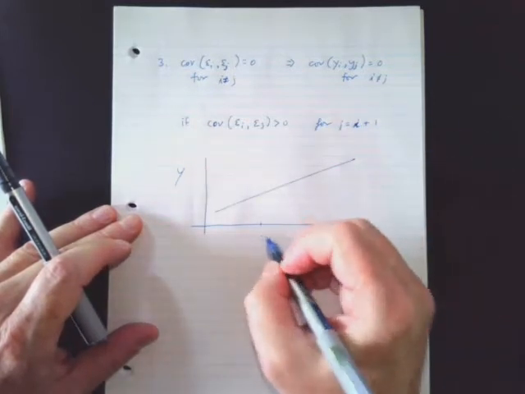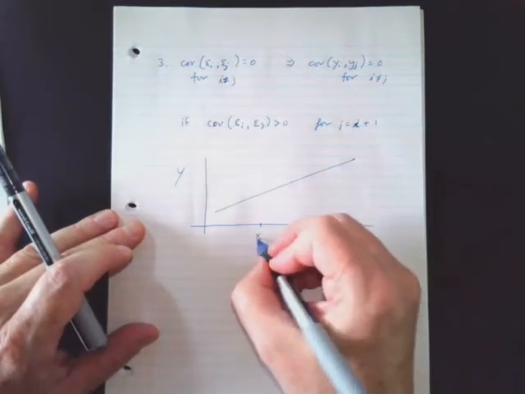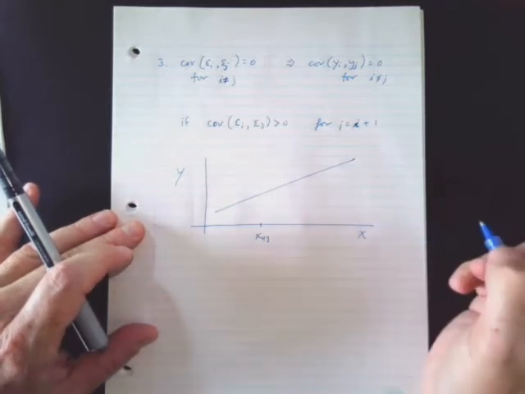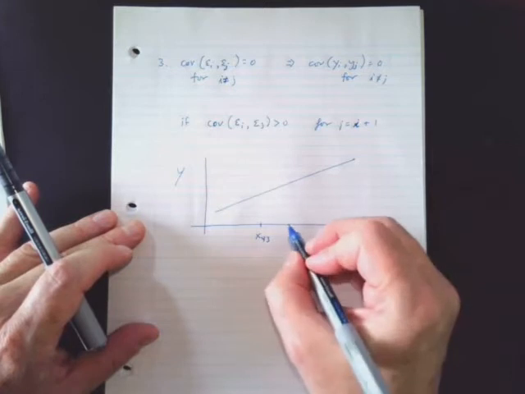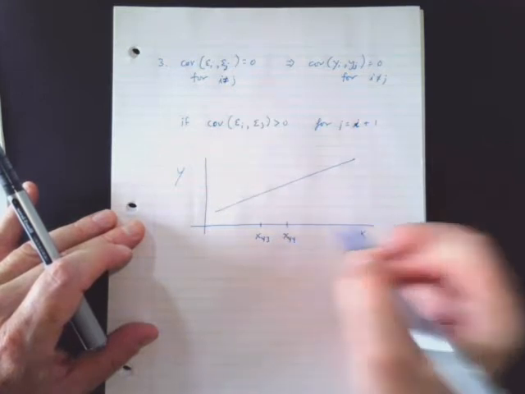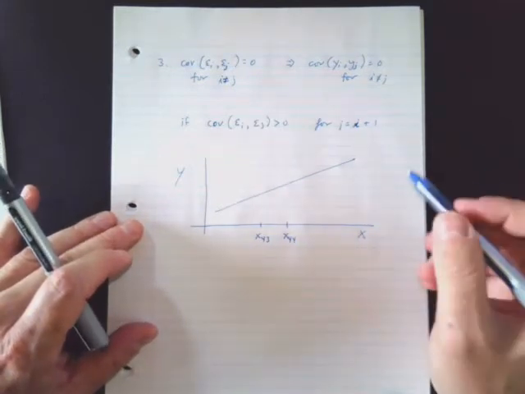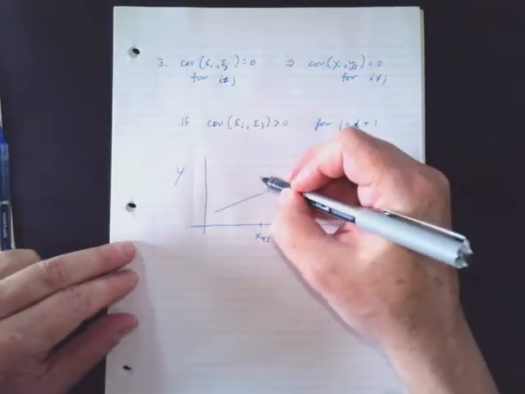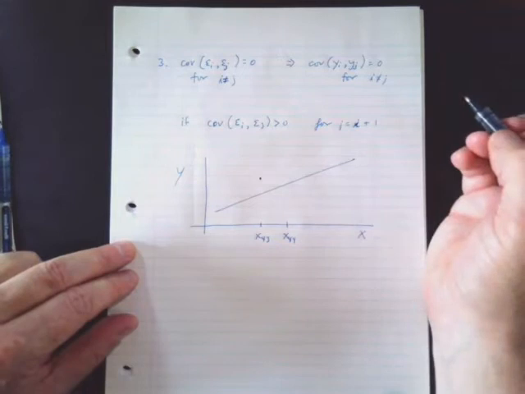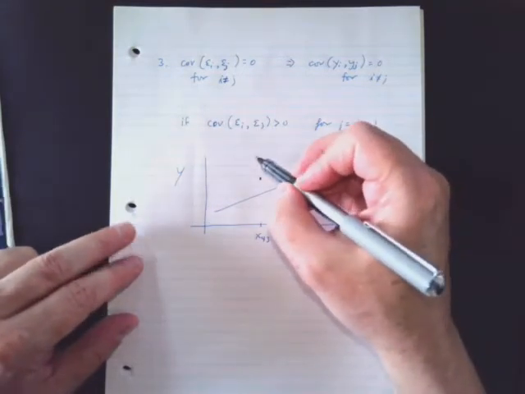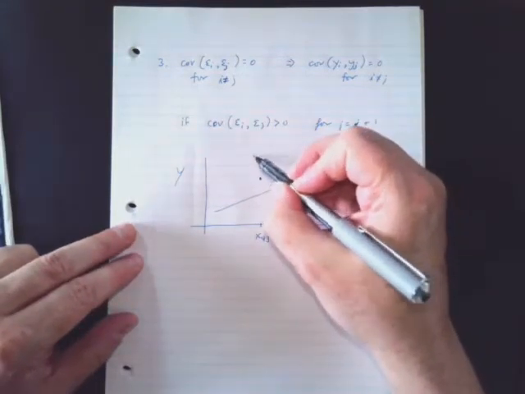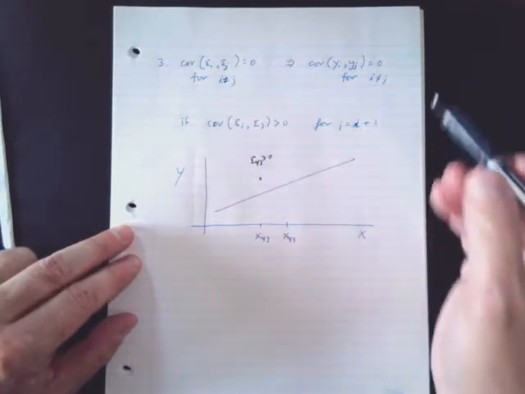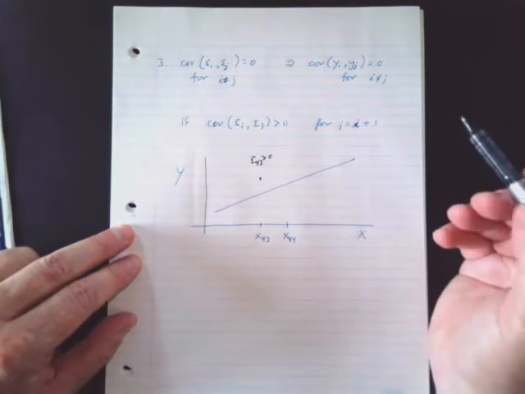So here we are at, we'll say this is x 43, the 43rd observation in our data set, and this is x 44, the 44th observation in the data set. And we are above the regression line. All right, so this means that epsilon 43 is greater than 0 because we're above the regression line.